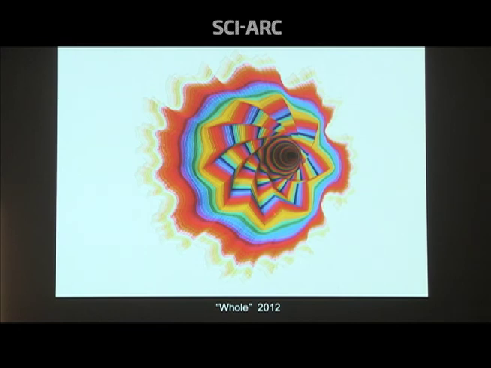This piece is titled Whole, and that was in the same show. I think this one is maybe 200 layers of paper. We pretty much cut a hole out of the wall again, so you can walk up to it and look inside of it a little bit.